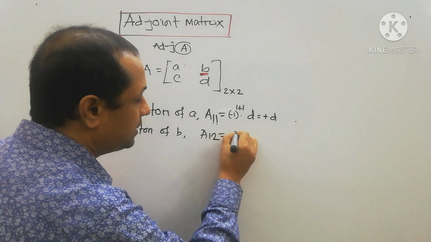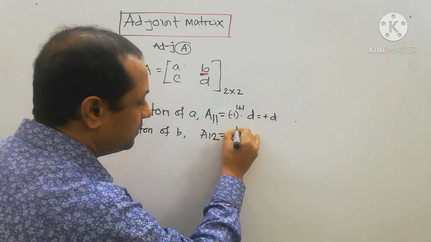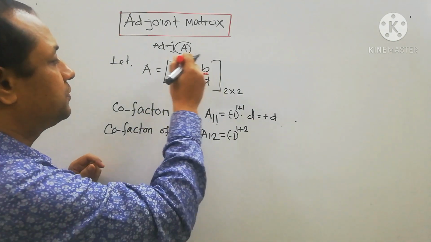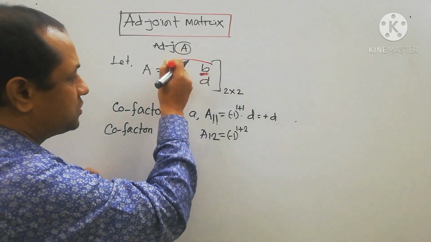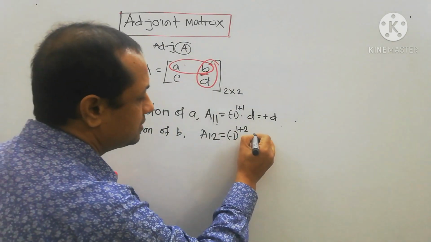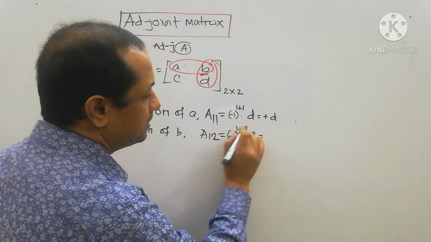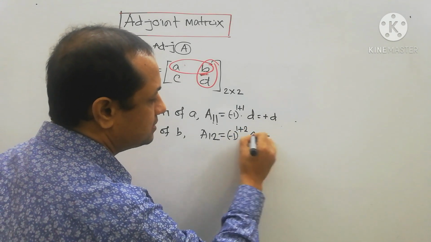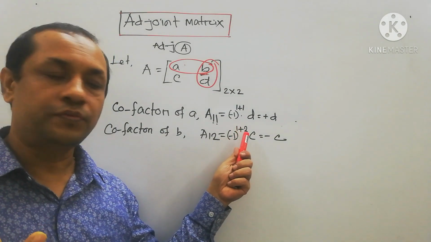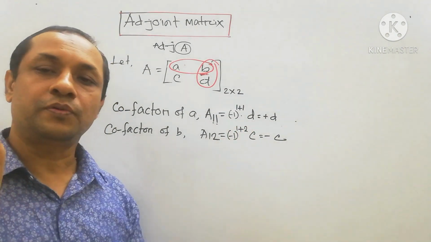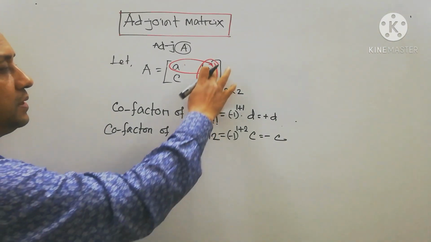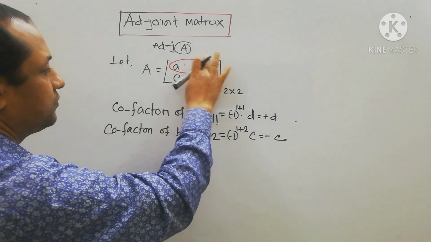Now we have (-1) to the power of row number plus column number. The first row and second column are cancelled, so the minor is C. Here (-1) cubed is minus, so minus C. Attention please students, the sum of row number and column number is odd, so the sign is minus.